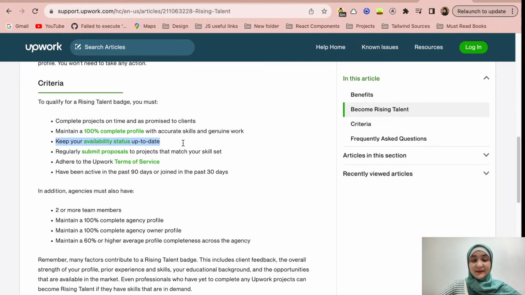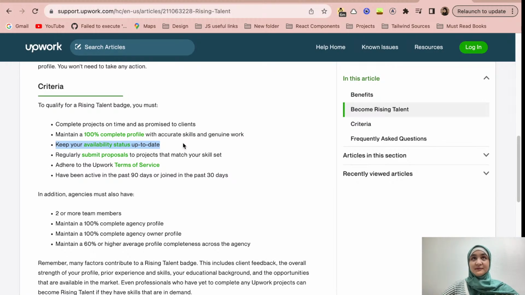You should also be active on the platform. Even if you are not getting jobs, you have a chance to get this badge before you get your first job. One of my friends actually got a Rising Talent badge first and then got hired. During that time she was active and regularly submitting proposals. It means you are submitting proposals to jobs that match your profile.